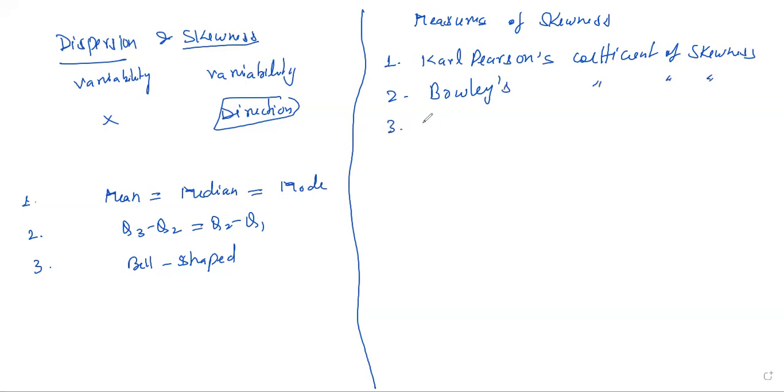And third one is the measure of skewness based on moments. So from the first we start, Karl Pearson's coefficient of skewness.